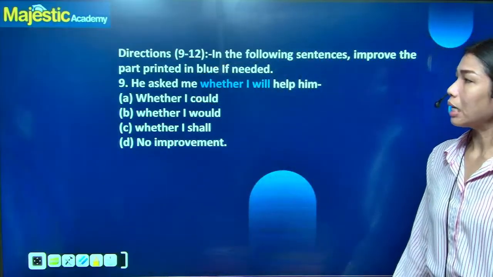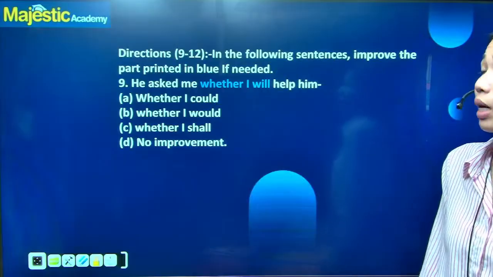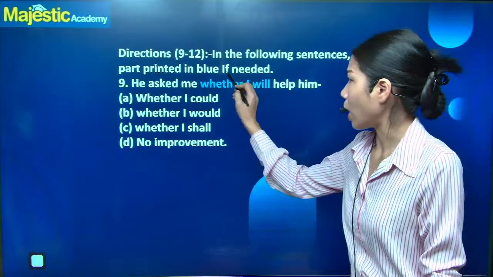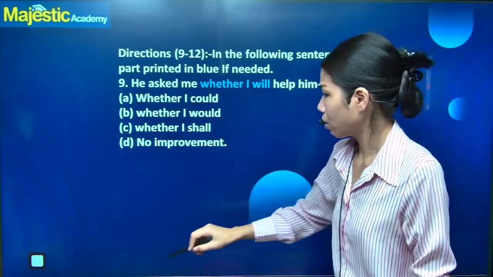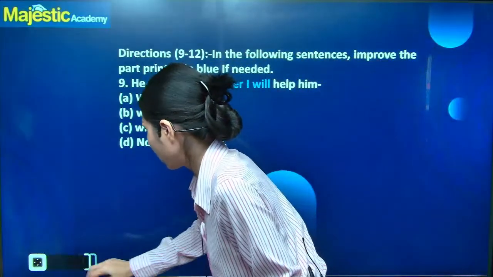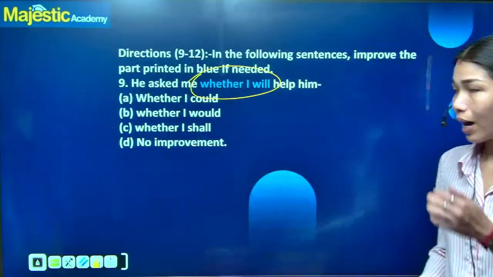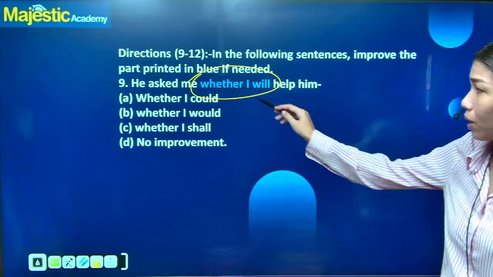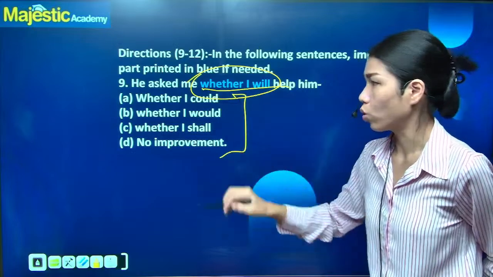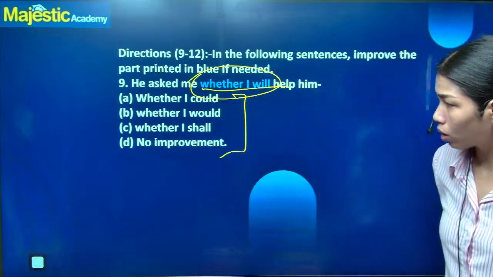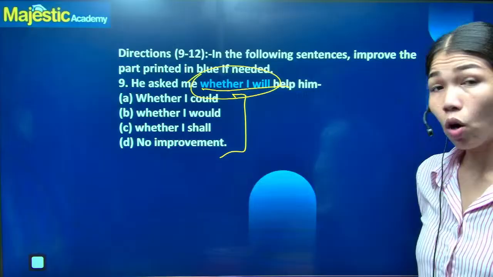The question says, he asked me whether I will help him. So this portion, whether I will, is marked in, let me take the pen. Okay, this portion is marked in आपके highlighted wale part. So we have to replace this part with the given option below. The options are whether I could, whether I would, whether I shall, or no improvement.